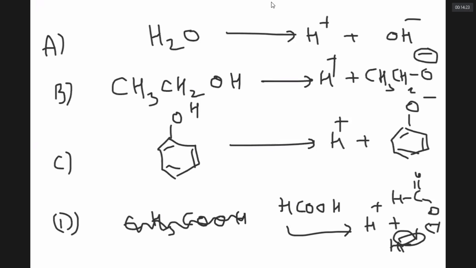Let us examine. In water, there is neither stabilization nor destabilization of OH minus, no factor. In ethanol, the ethyl group, like any alkyl group, such as methyl or tertiary butyl, is releasing electrons by inductive effect, plus I effect.